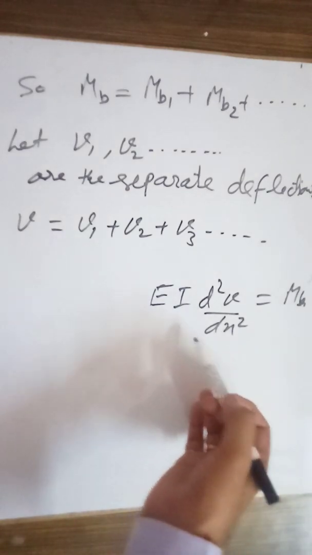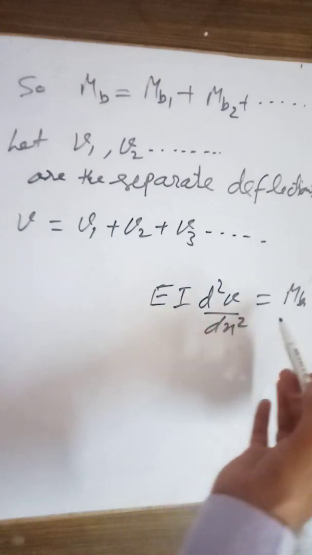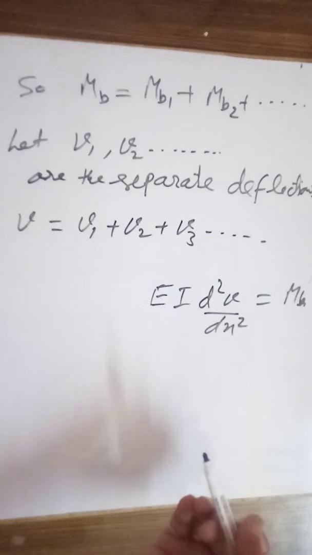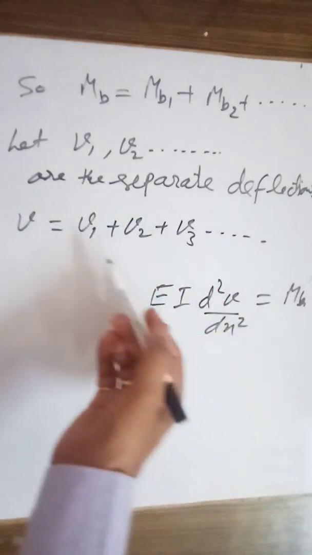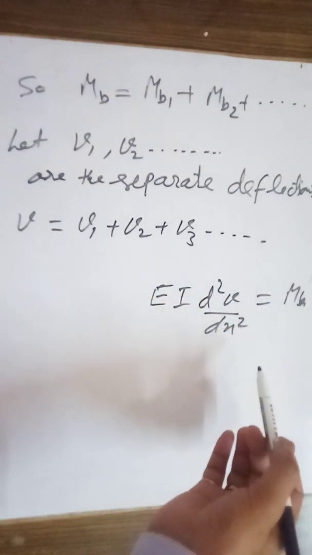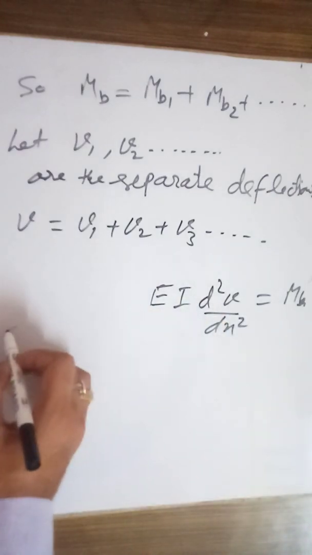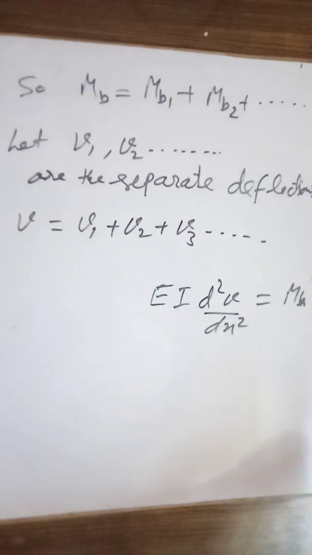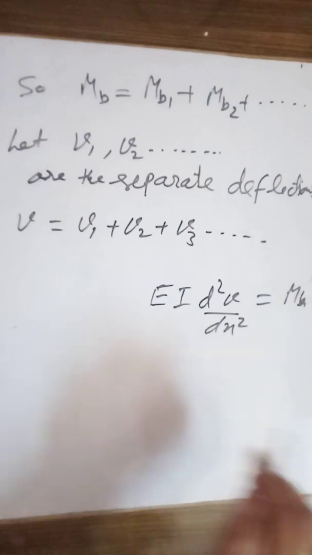In that equation we discussed that M_B over EI equals del square v over del x square. So if we put the values from the equations, for this we have a particular value of M_B, and M_B1, M_B2, M_B3.